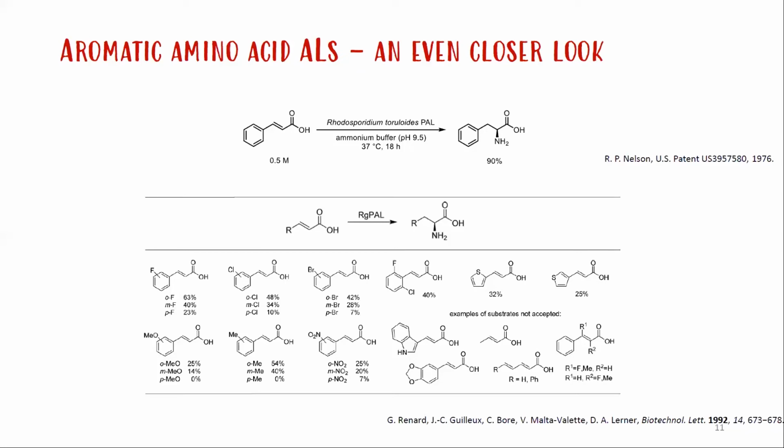So that's quite an interesting challenge. It would be quite useful to overcome. And also, apart from that, nothing apart from ammonia was installed to the main backbone. So, for example, methylamine, or any other amine, is still not a suitable nucleophile for this reaction.